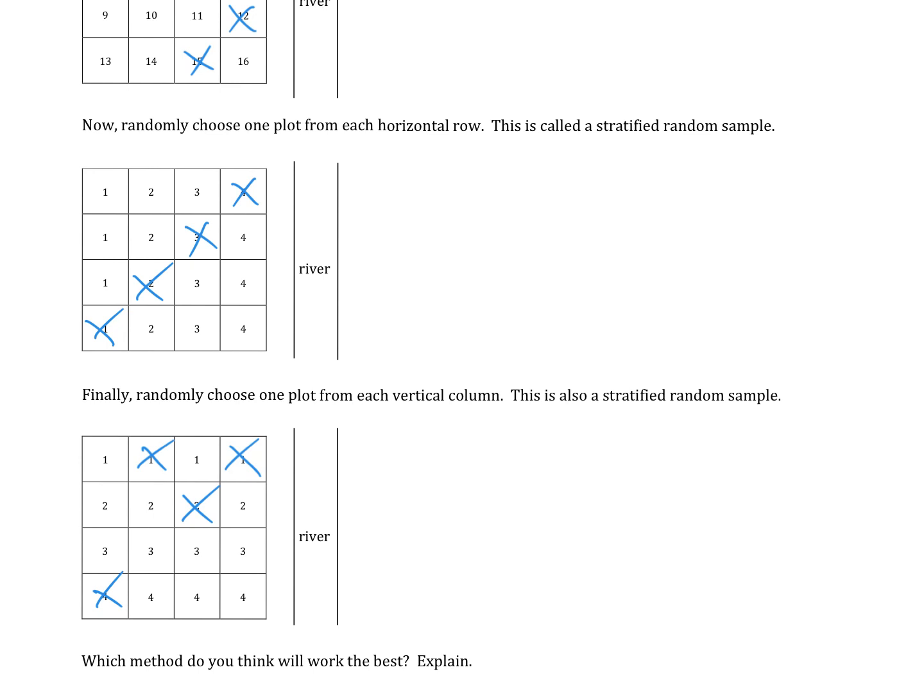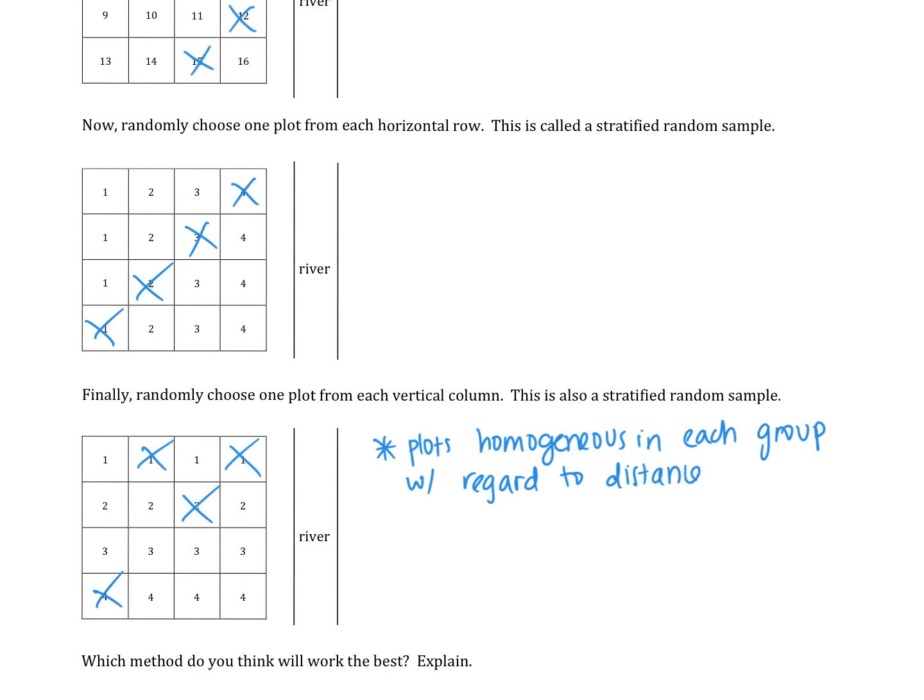So this last one is our best option because the plots are homogeneous in each group with regard to distance from the river.